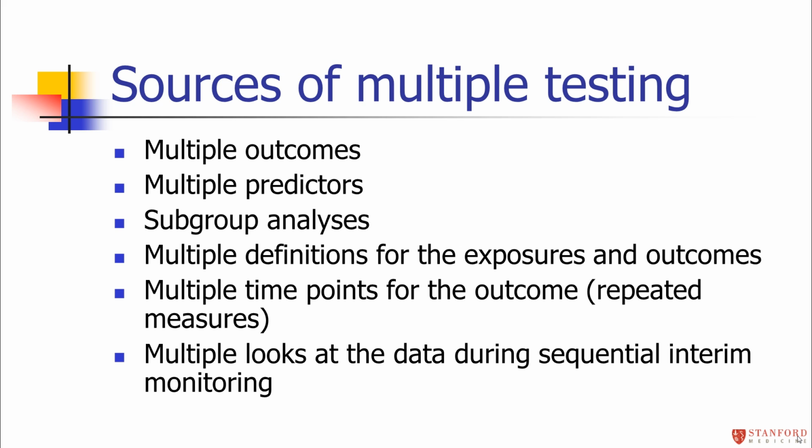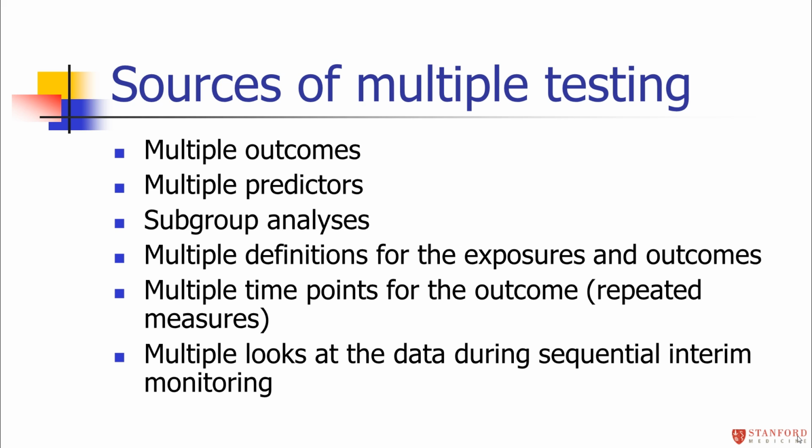But then people start parsing up into subgroups, and lo and behold, they get a statistically significant result in one of those subgroups. And they come up with a great biological explanation of why this drug will work for those with an abnormal left ventricular contraction. They can come up with an explanation, but if you parse your data enough, probably it's just a chance finding.